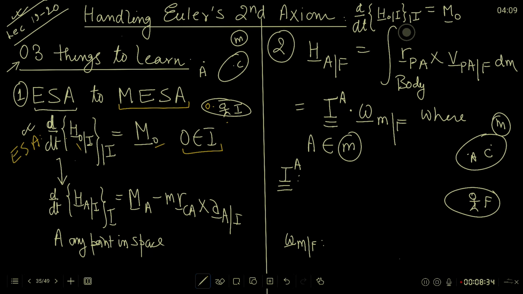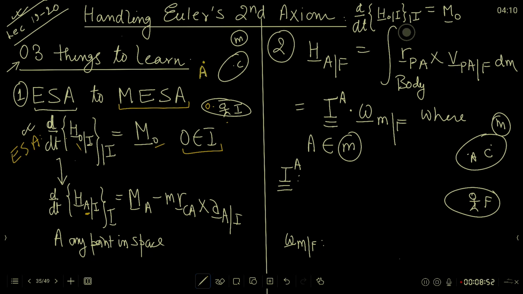I wanted to be able to write the modified form of Euler's second axiom where the angular momentum is computed about any point A, no restriction whatsoever.